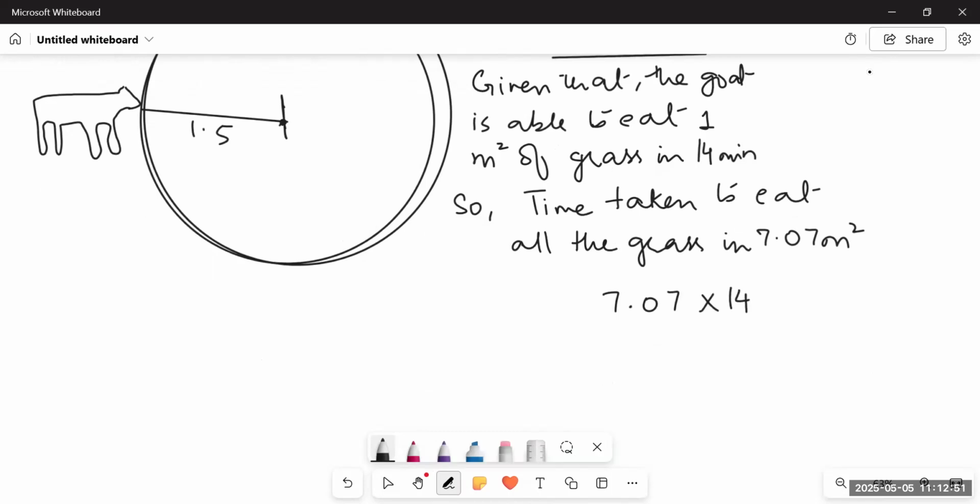And when we multiply 7.07 with 14, the answer would be 98.9, that is around 99 minutes, right? If it's taking 14 minutes to complete the grass of 1 meter square, then it will take 99 minutes, around 1.5 hours, even more than 1.5 hours to graze all the grass in her range. That's all.